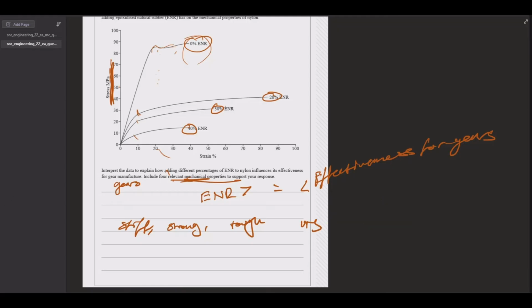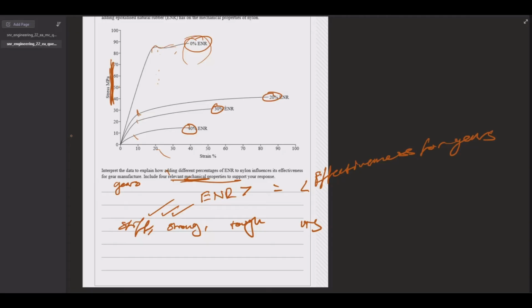And the marks there are for identifying that as we're increasing ENR, we're reducing stiffness, we're reducing tensile strength, and we're also reducing toughness. We've said that. Explains appropriately, using wording that indicates the inclusion of ENR at lower percentages increases nylon's plasticity.